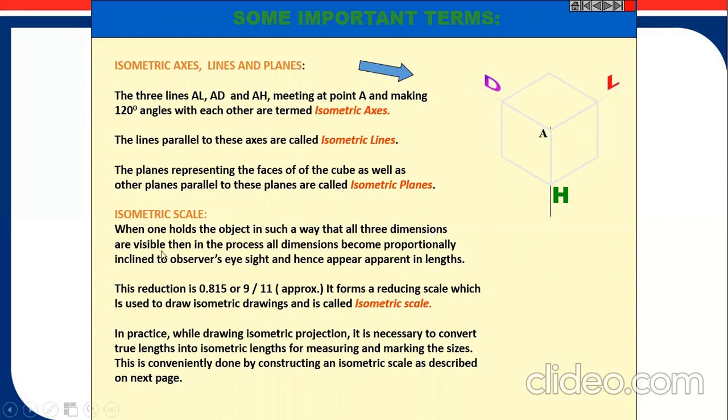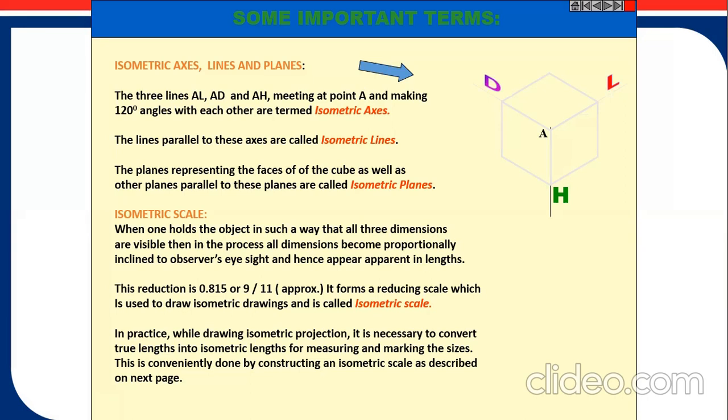Now the isometric scale. When an object is placed in such a way that all three dimensions are visible, all dimensions become proportionally inclined to the observer's eyesight and hence appear foreshortened.